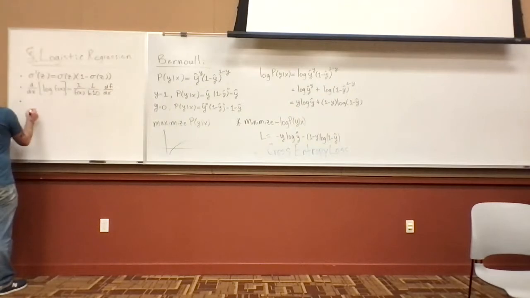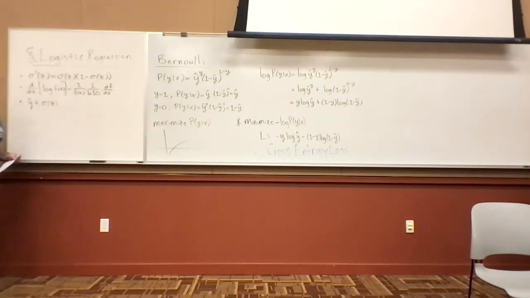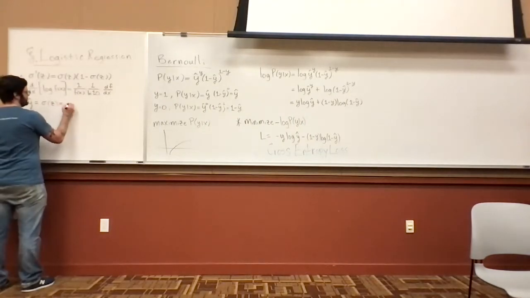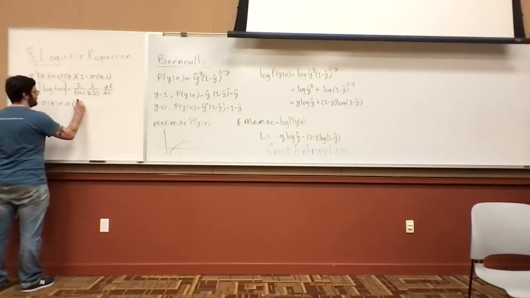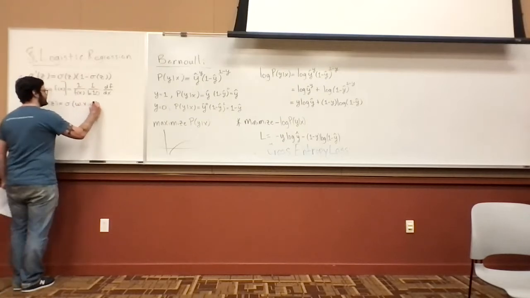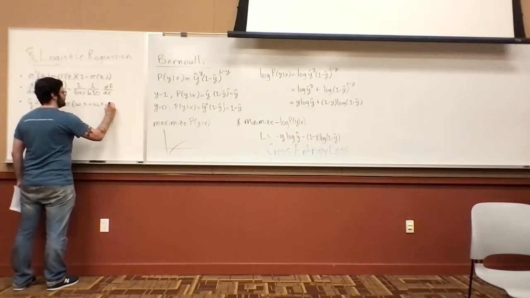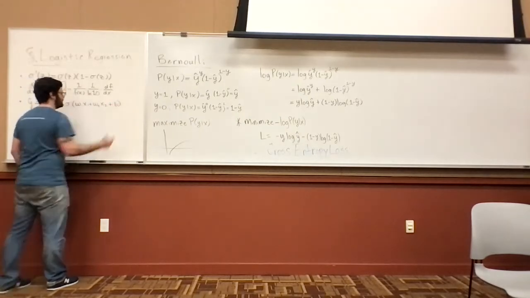Okay, and then what else? You have to just remember that y hat is equal to the sigmoid applied to z. But what is z? z is that linear combination. So if you want, in your notes, maybe you can write w1 times x1 plus w2 times x2 plus your bias.